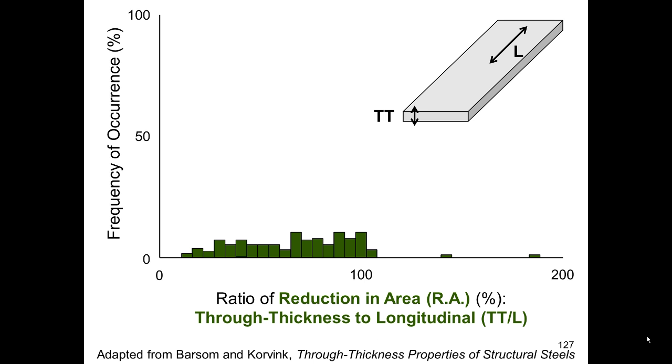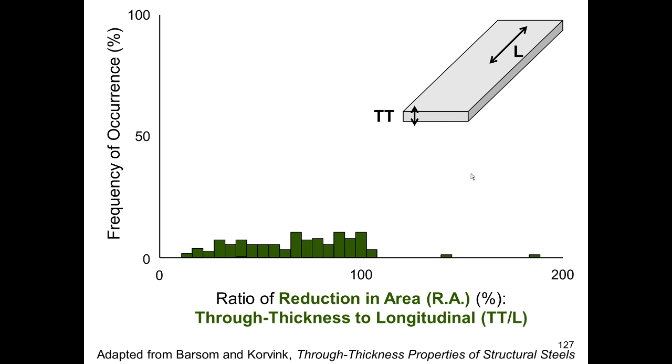Now we need to remember that. And part of the reason we need to remember that is in welded connections, oftentimes I load the steel in the through thickness direction. And that reduction in through thickness ductility can lead to problems, specifically lamellar tearing.